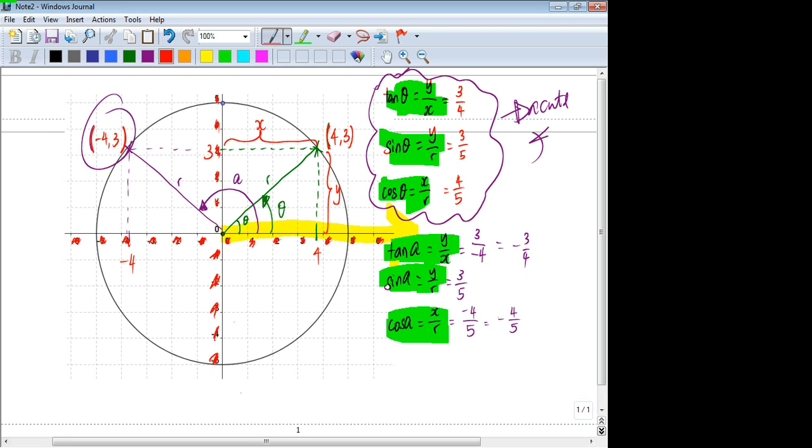It's just that when you press the calculator, sometimes your answer is positive, sometimes negative. And this is the reason why. You go and try with your calculator. Sometimes positive, sometimes negative. This is the reason why. It depends on the size of your angle. Okay?